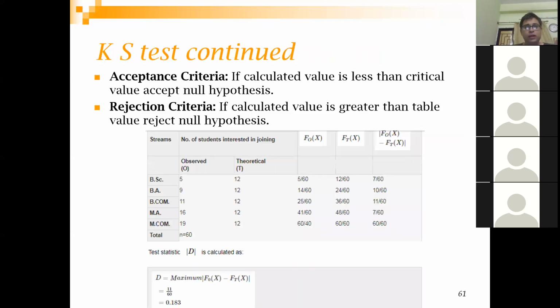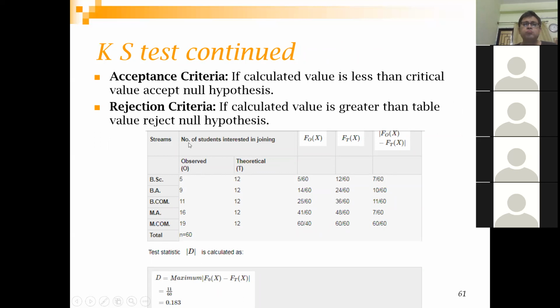Okay, so here we have shown certain values. Let's assume here that your theoretical distribution is a uniform distribution. Please look at these values, so this will be very clear to you.